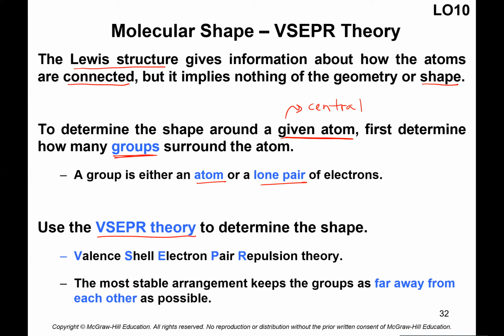The other thing to note is that this tells us how the groups are arranged, because the theory tells us that the groups will go as far away from each other as possible. And these groups include the lone pairs. So oftentimes you're going to see that lone pairs will congregate together. And this is the theory that describes that.